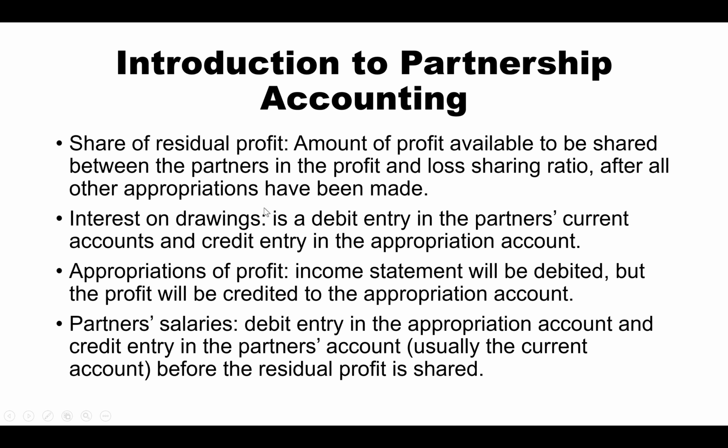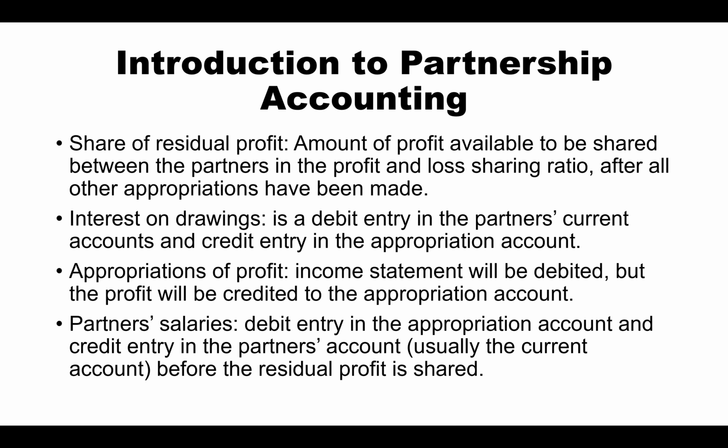This is a debit entry in the partners' current accounts and a credit entry in the appropriation account. And then we also have the appropriations of profits. The income statement will be debited, but the profit will be credited to the appropriation account.